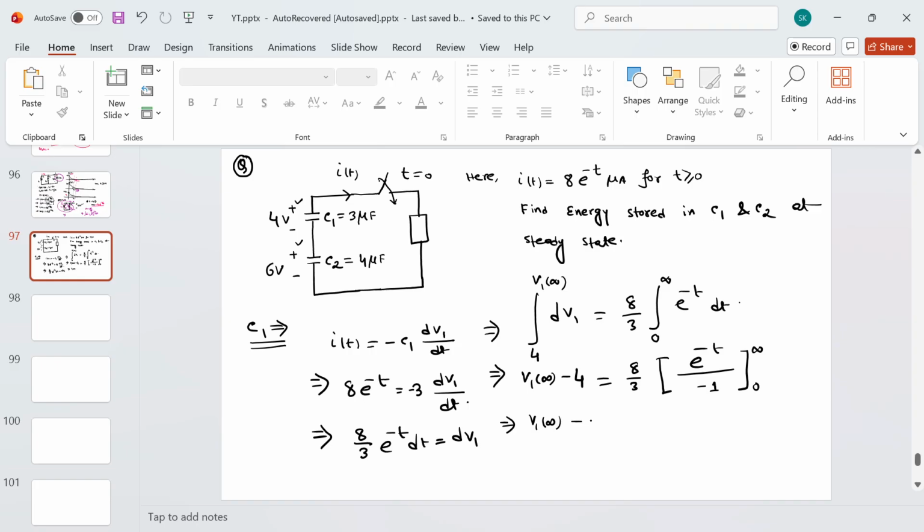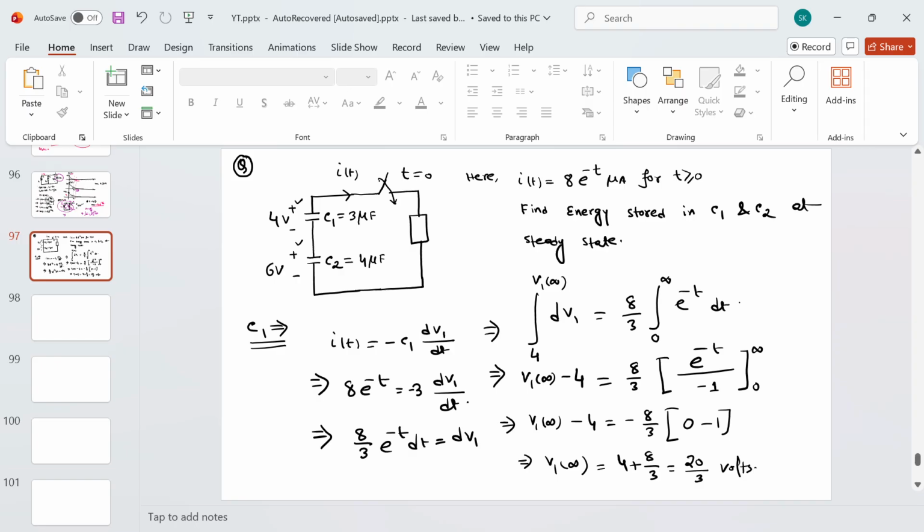V1 infinity minus 4 is equal to minus 8 by 3 times (0 minus 1). V1 infinity is equal to 4 plus 8 by 3. So it will be 20 by 3 volts. Okay, so this will be the voltage that you will get.